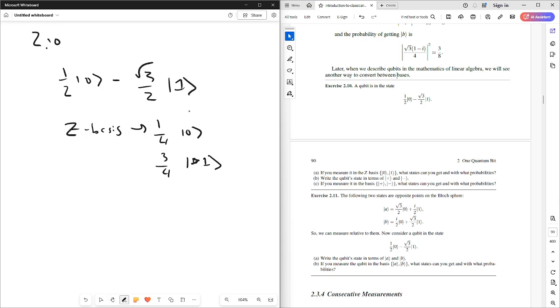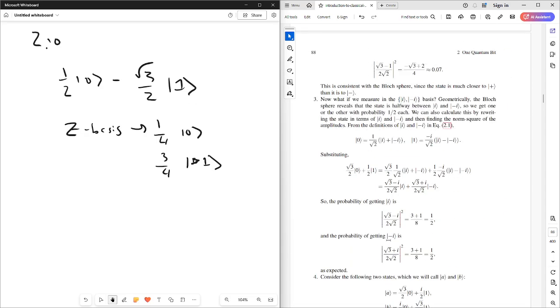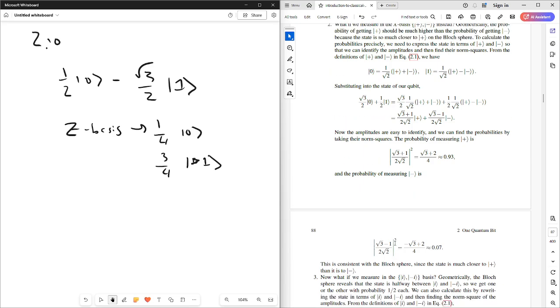To write it in terms of plus and minus, we bring in what we know about using the plus minus basis. We'll simply substitute in what we know for those.